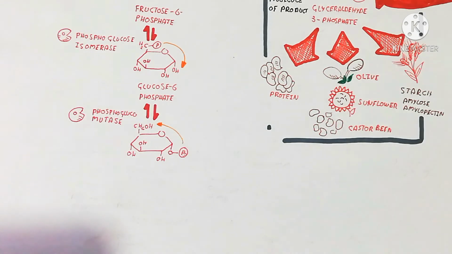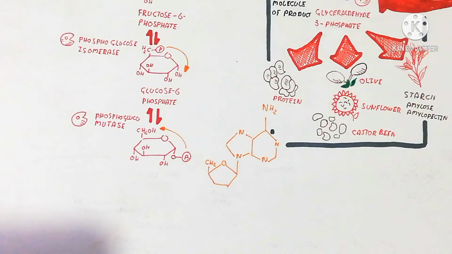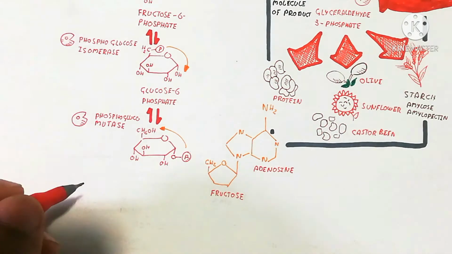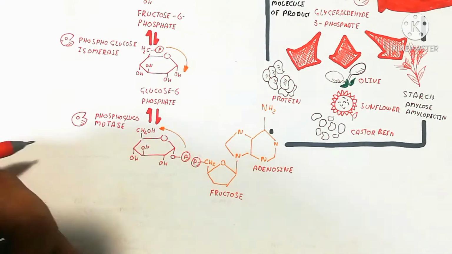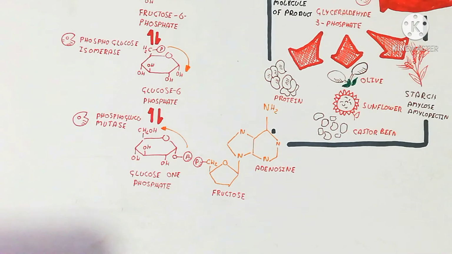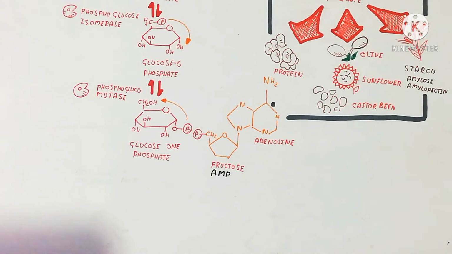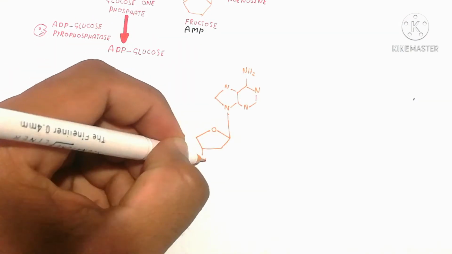So the AMP as adenosine monophosphate will become toward the glucose 1-phosphate, and these adenosine monophosphate which contain adenosine and fructose which come together and attached by the glucose 1-phosphate. So attaching of these is looking like here.